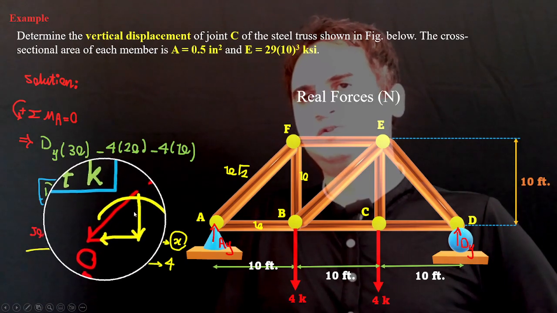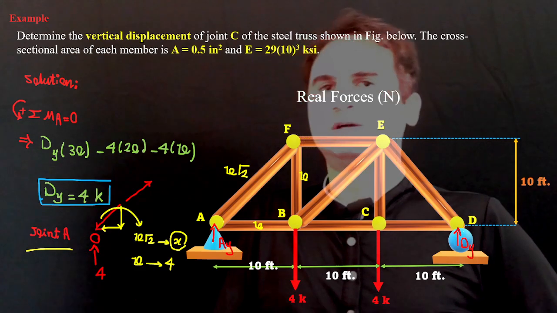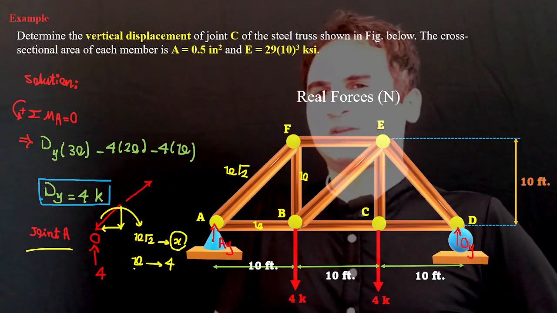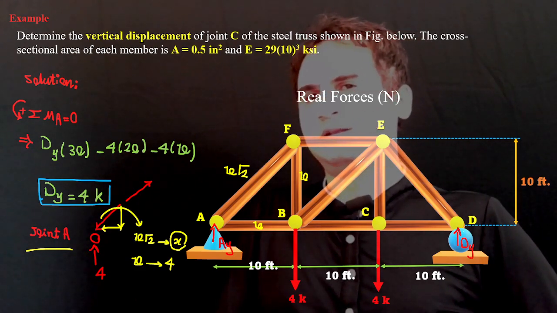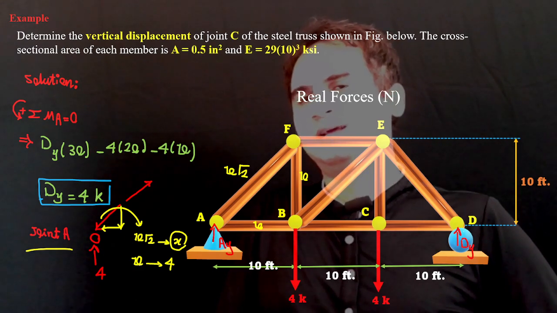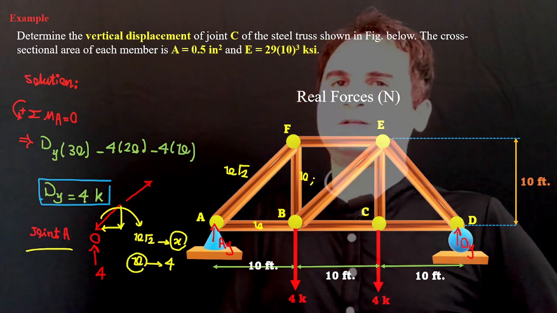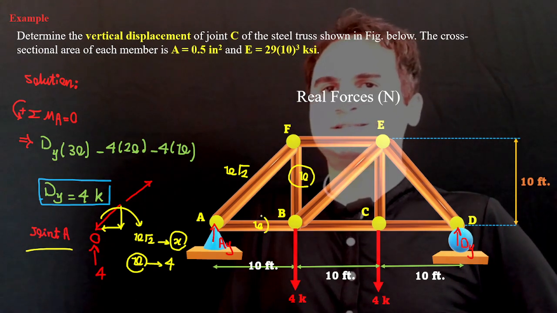If you project it to its components, you can easily see these two components as well. If this is force FA, then if you want to know the amount of this force, this is 10 feet, this is 10 feet.